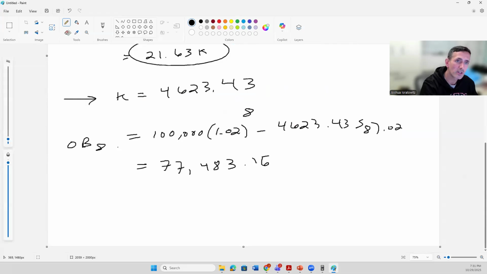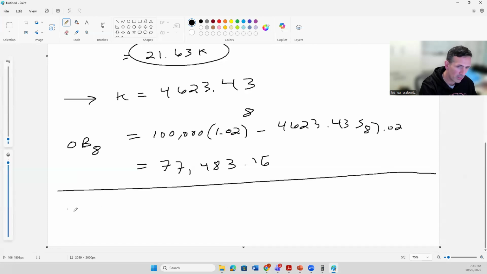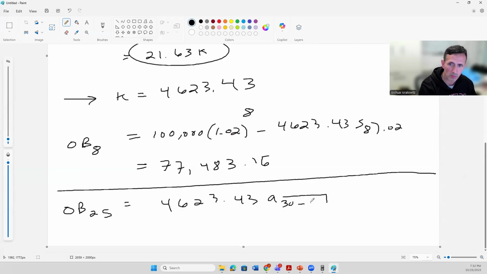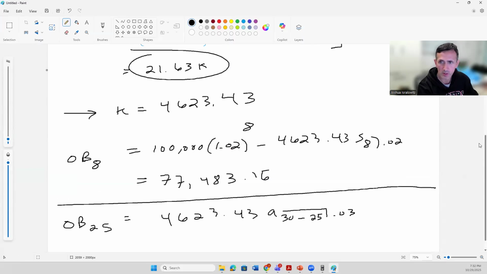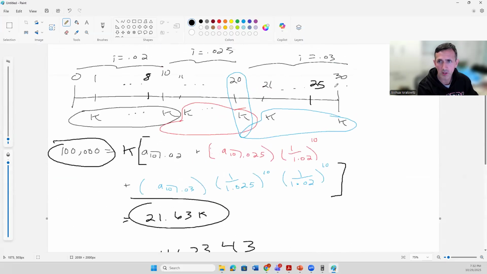This is 8. Here. So yeah, the prospective method, 5, then my payment, 4,623.43, a angle, number of periods, total number of years minus my T, and we're using the interest rate here that we're given between 25 and 30.